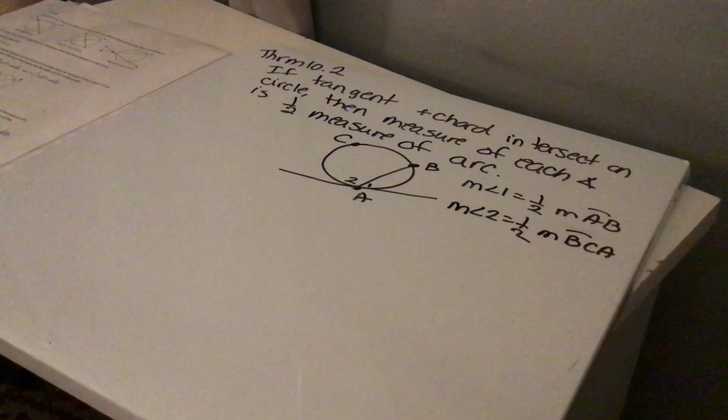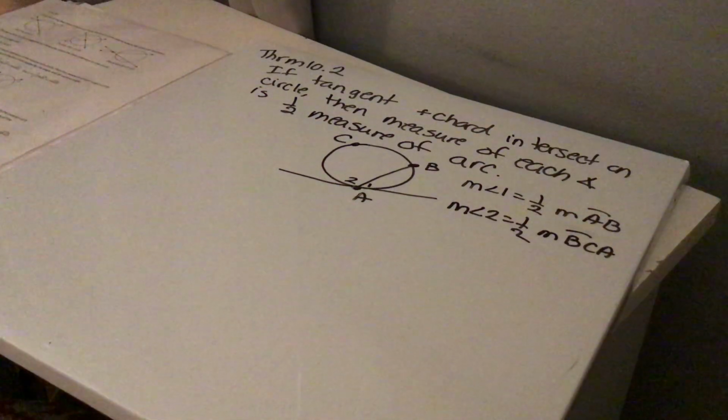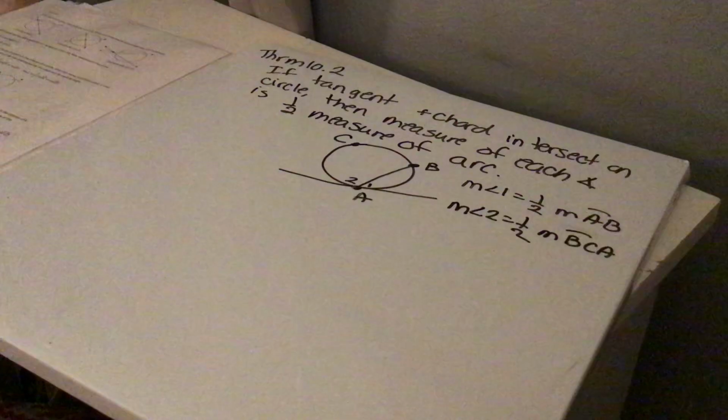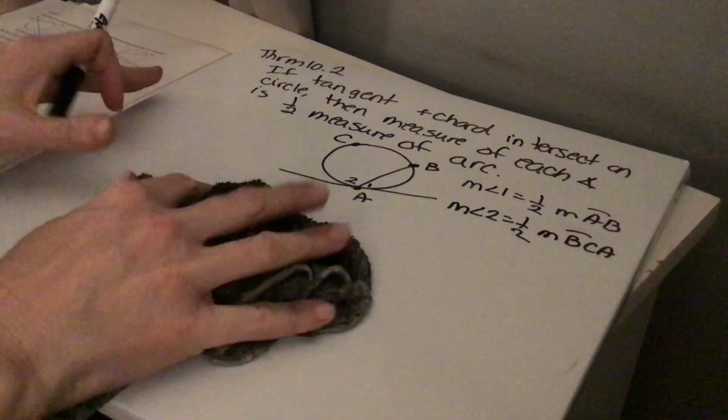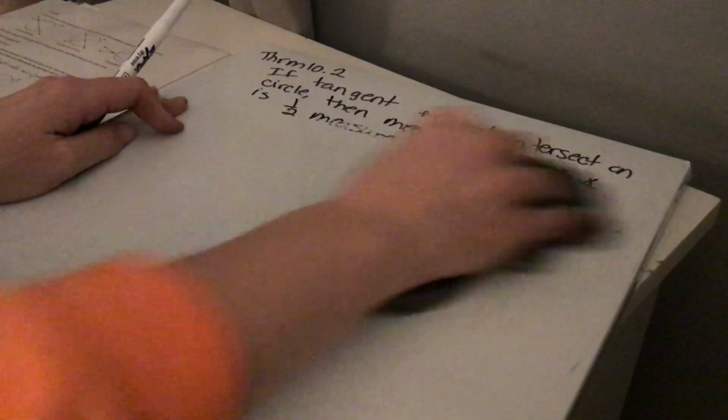Then the next two theorems, 10.13 and 10.14, are a little bit different. Your angles aren't at the center, but they're not necessarily on the circle either. To look at them, if you have two lines that intersect a circle, you can have two lines intersecting on your circle.